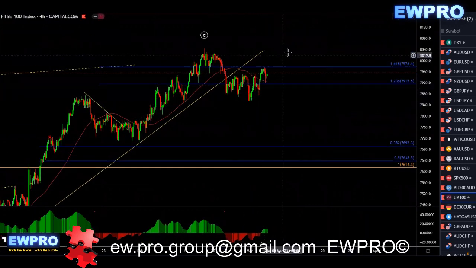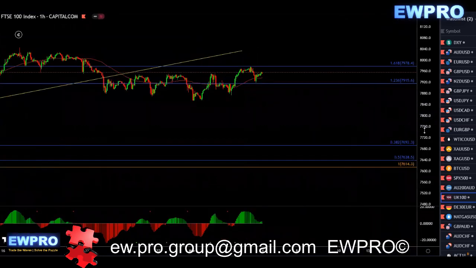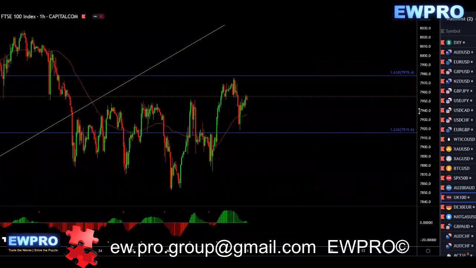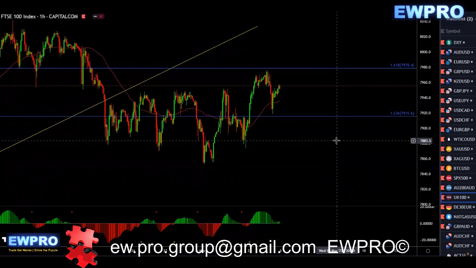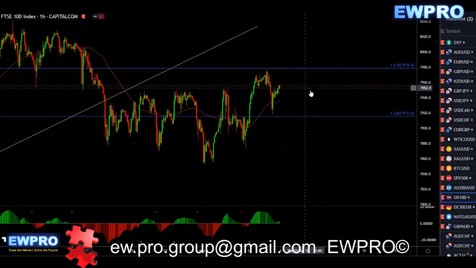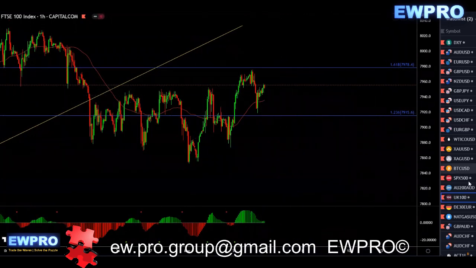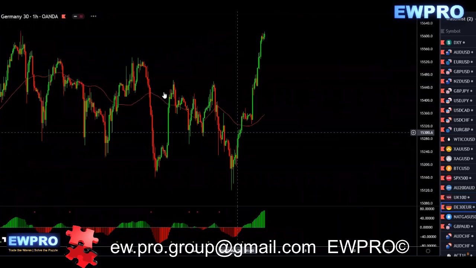But we're getting some sort of expanding triangle here for an A, B, C. So I'd be looking for a sell setup. It's not really giving a sell setup. That's the problem. It's not giving any nice real setups. So you have to wait for a nice setup, and I'd be looking for the downside more than upside.